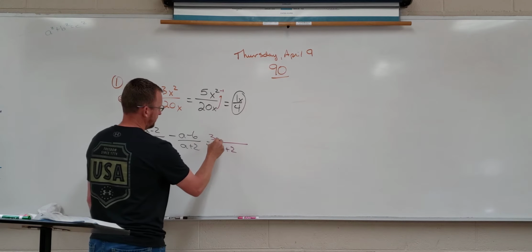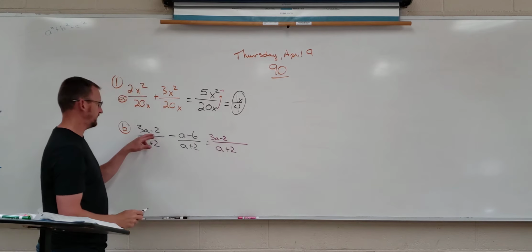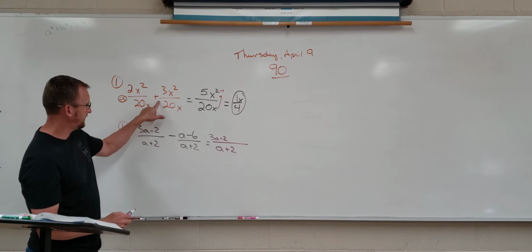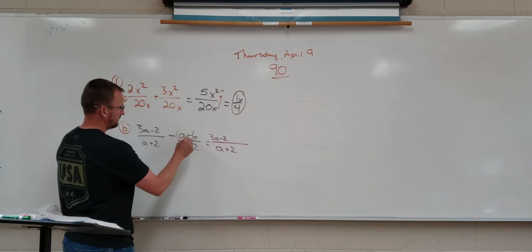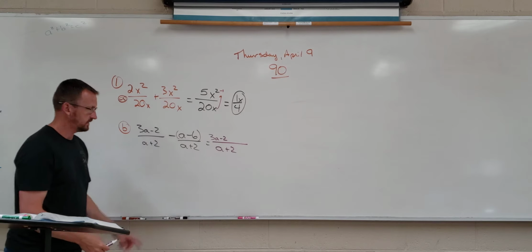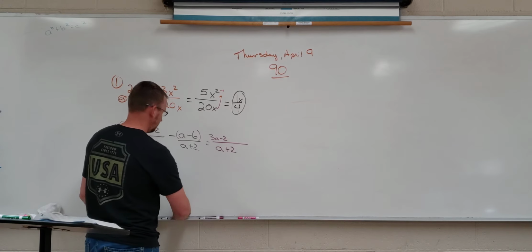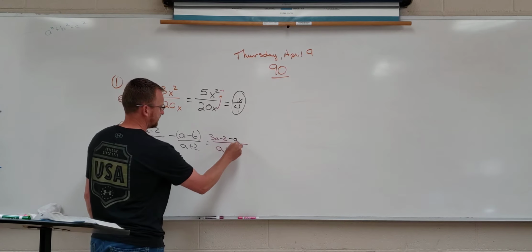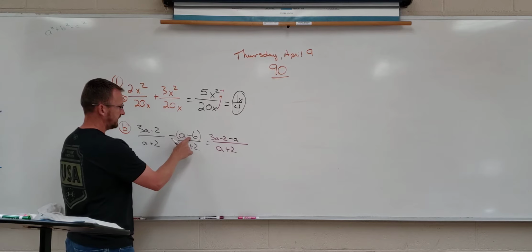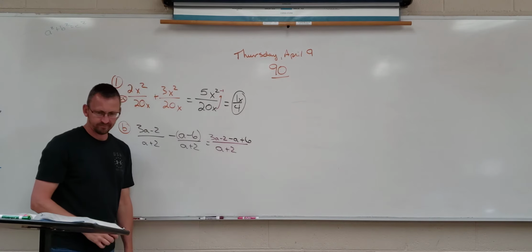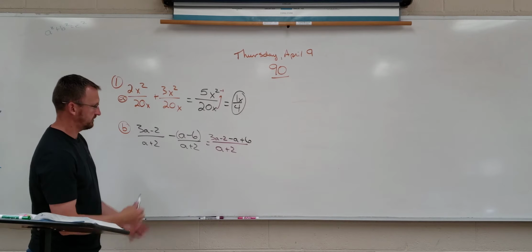We have 3a minus 2 right here. This minus, I told you up here, pay attention to your sign. This minus is going to change all of this. So it's going to become minus a, negative and a negative, plus 6. You've got to be careful with those.